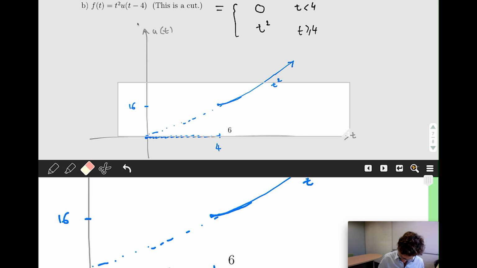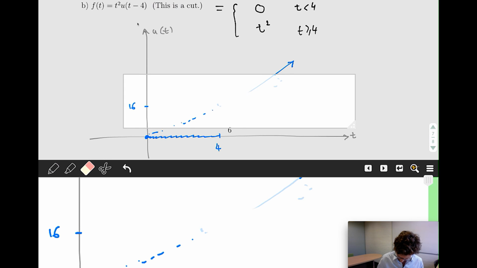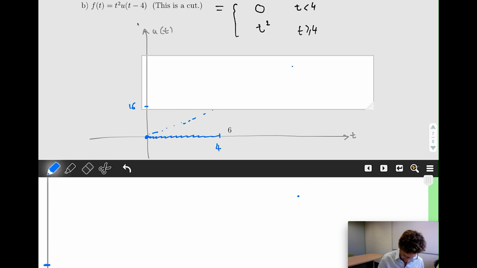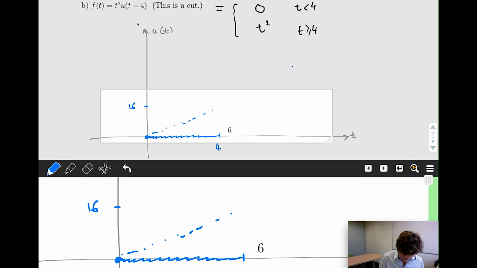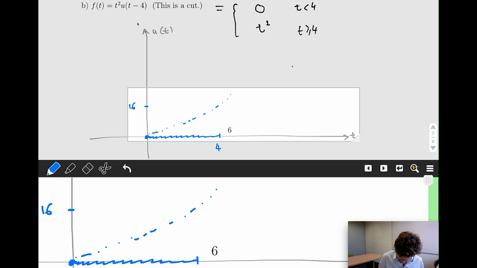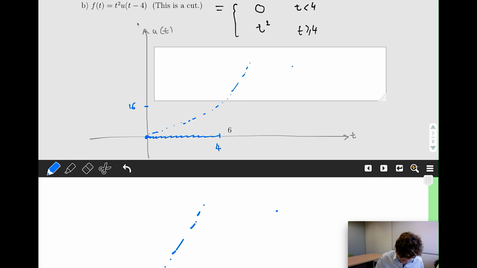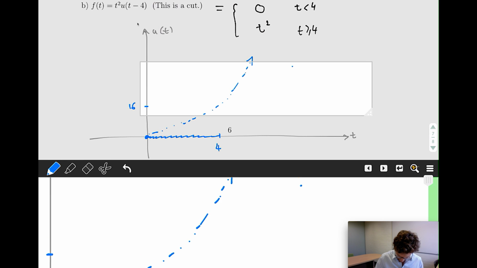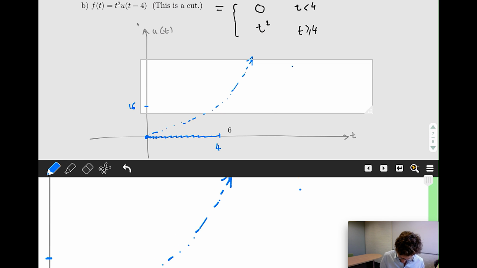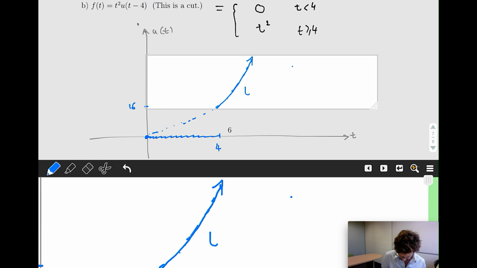Let me make this look a little bit more like t squared. So here's my t squared. And then for values of t greater than 4, it looks something like that.